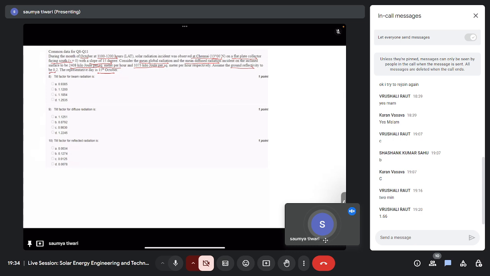Is everyone solving the question? Should I write formulas for each one? Okay, I'll write the formulas to make it easier.